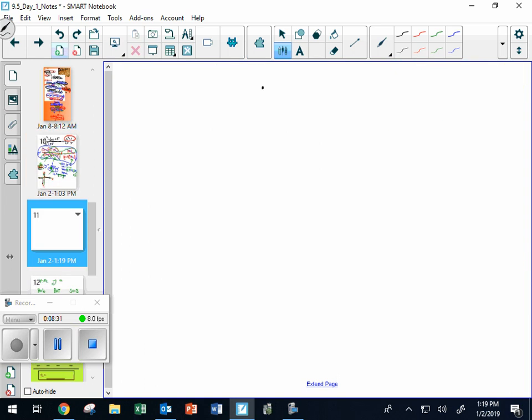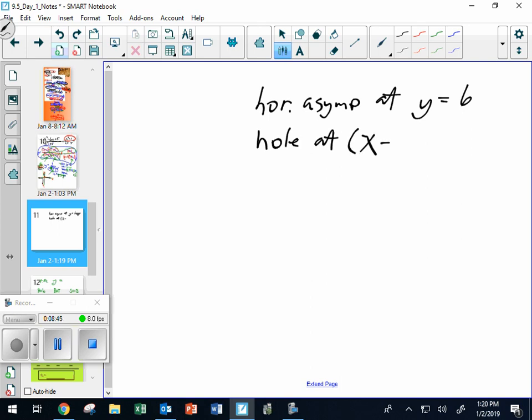Try this one. This one has a horizontal asymptote at y equals 6. It has a hole at x equals 5. And it has a vertical asymptote at x equals -2.